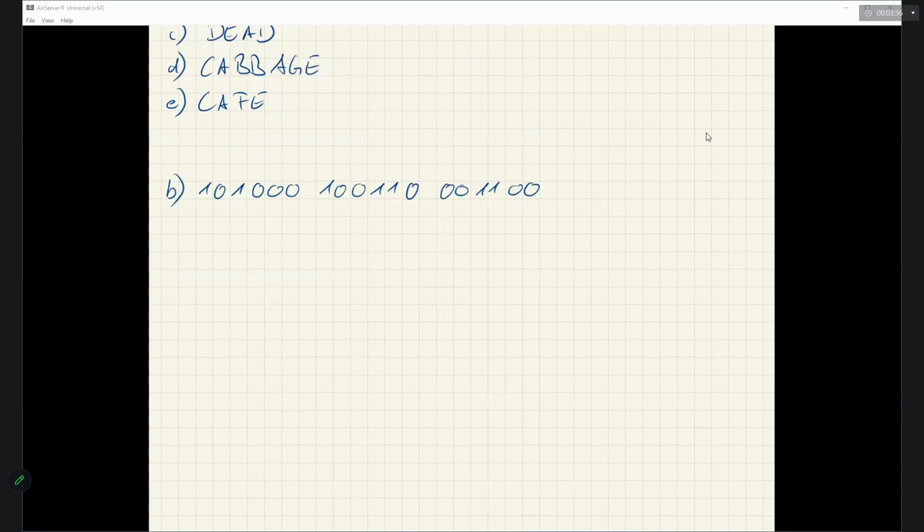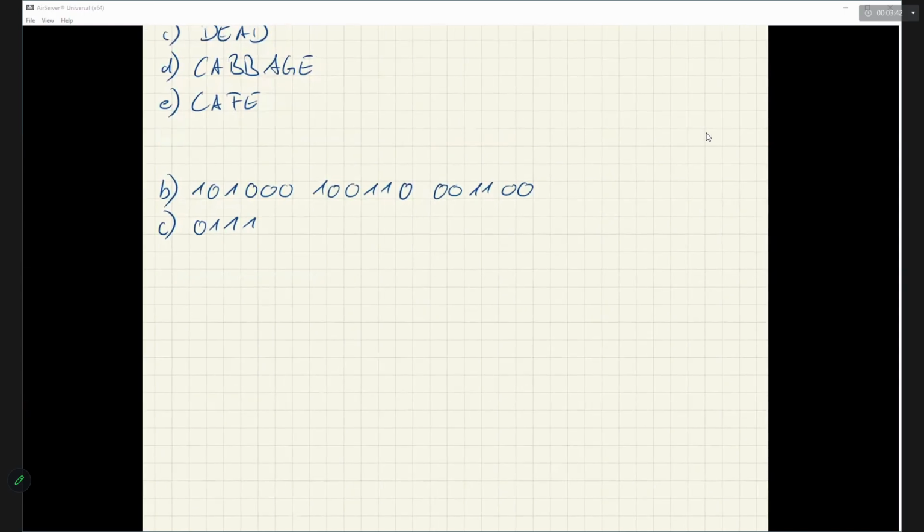And C is 0 1 1 1 0 1, 0 0 0 1 1 0, and 4 times 0, and 0 1 0 1 0 0.